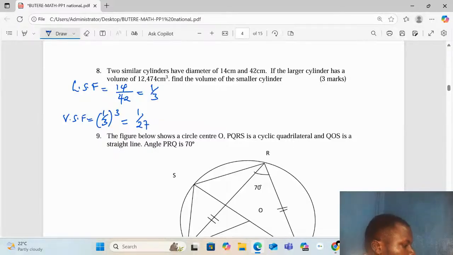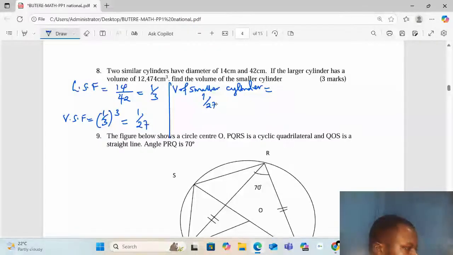Now, for the volume of the smaller cylinder, we are given the larger cylinder. So the volume of the smaller cylinder will be given by the volume scale factor, which is 1 over 27, times the volume of the larger cylinder, which is 12,474.